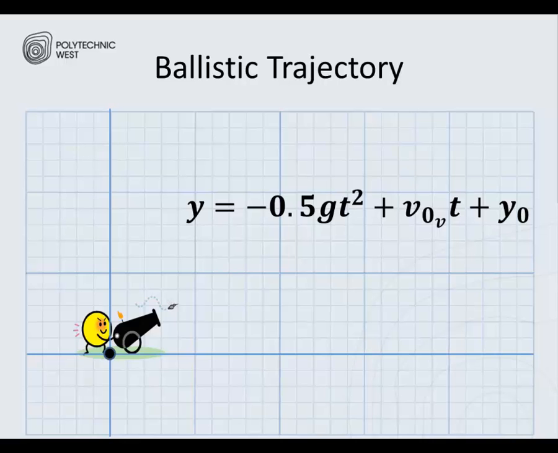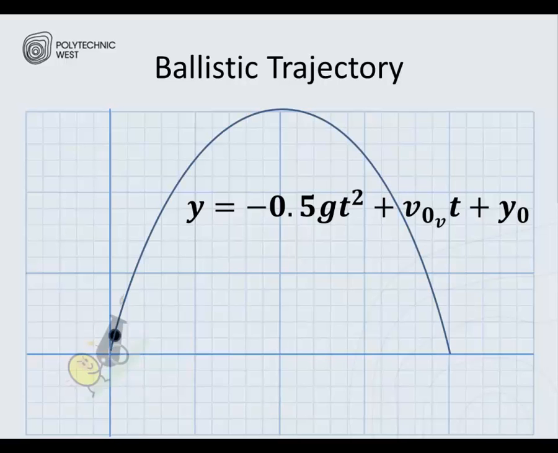So let's fire this gun. I'll get a better angle, and boink, there it goes. And that follows a lovely parabola, which we should expect because it's a quadratic equation. It's got a squared in it. By working out this quadratic equation, you can tell exactly how long the cannonball is in the air.